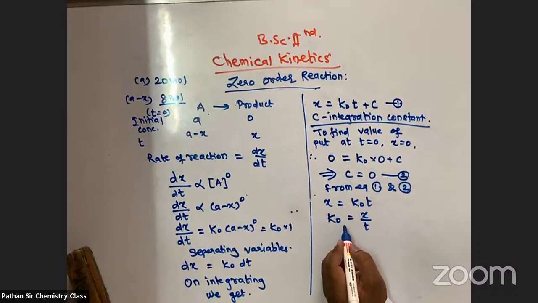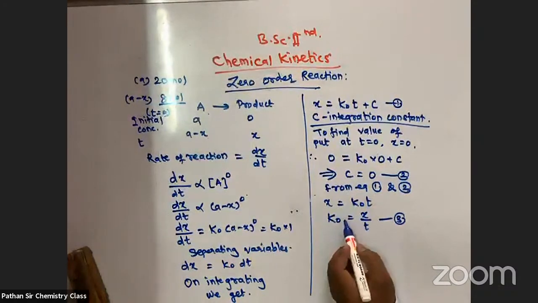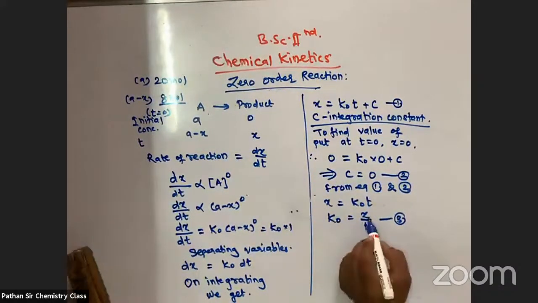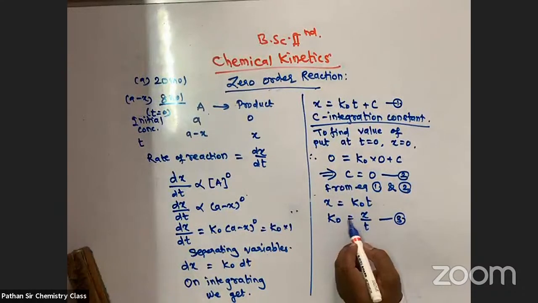Here k0 is the rate constant for the zero order reaction, and this equation number 3 is nothing but the integrated rate expression for zero order reaction.